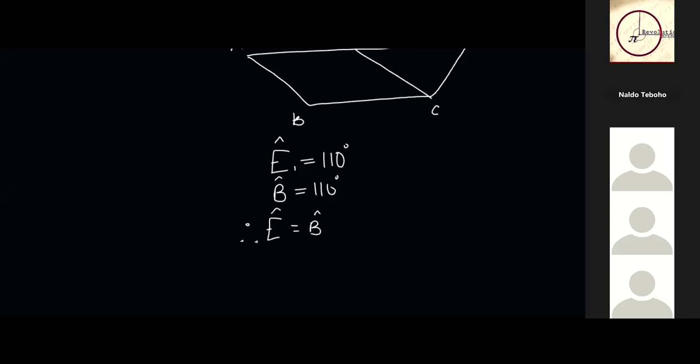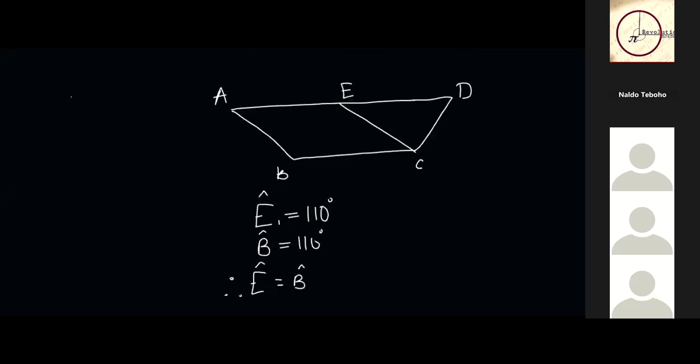Remember on the diagram, we had E1 here, we also had E2 here. That's going to be E2. I'm going to redo this session smoothly, nicely, so that you can see. So now we got angle E1 is equal to B, so if E1 is equal to B, then we can conclude that ABCE is a parallelogram.